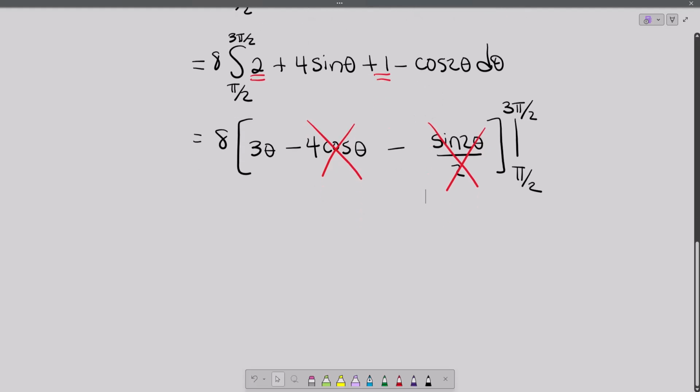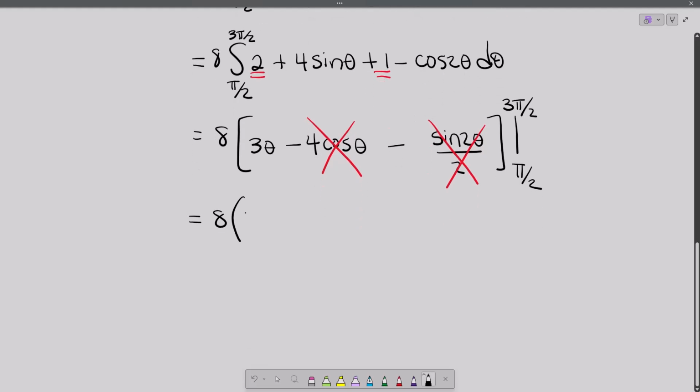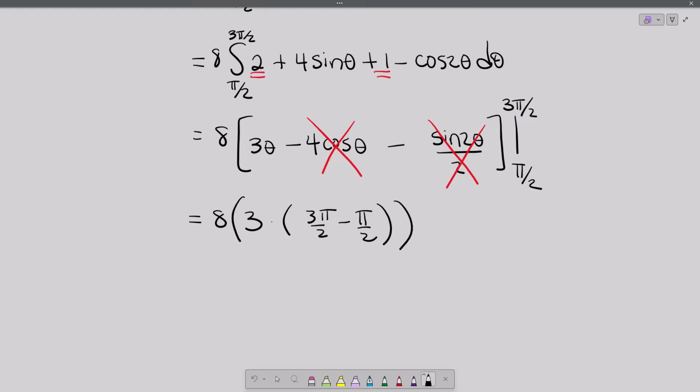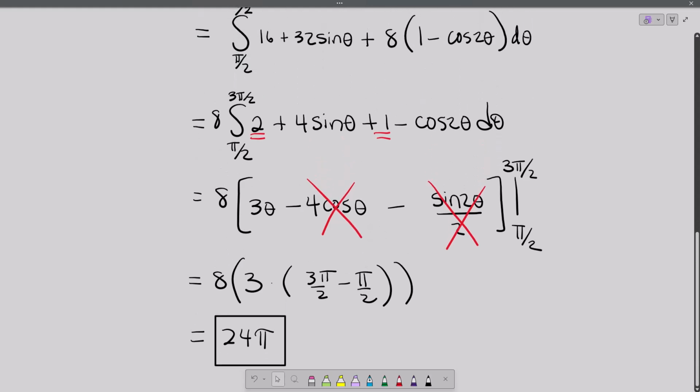And our simplification becomes 3 times 3 pi over 2 minus pi over 2. 3 pi over 2 minus pi over 2 is pi. So we end up with 24 pi. That'll be the area of the full cardioid.